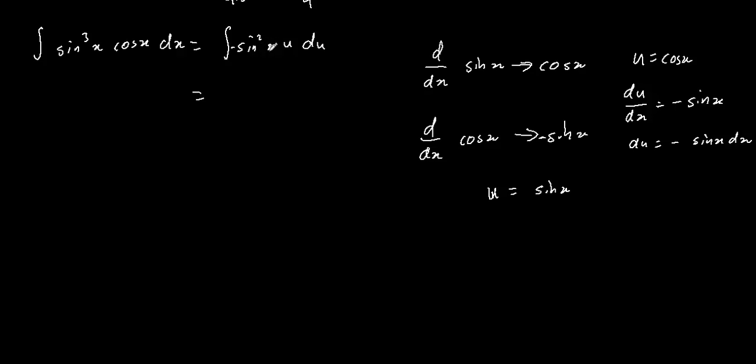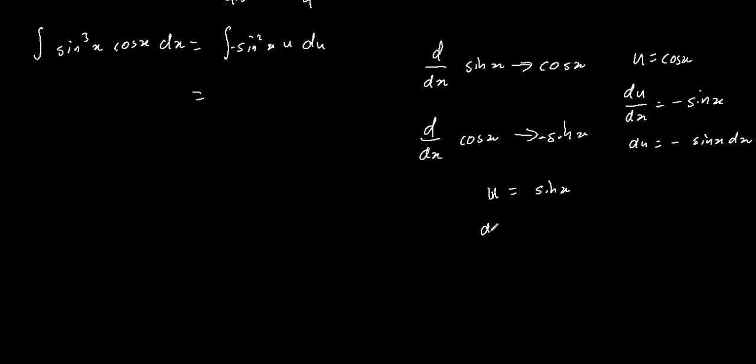I can only integrate when everything is in terms of u. Then I have to spend an extra few steps to change this in terms of u, which gets pretty messy and really annoying, right? So that's why we would use sine x, because this is sine cubed x, which makes things rather easy.